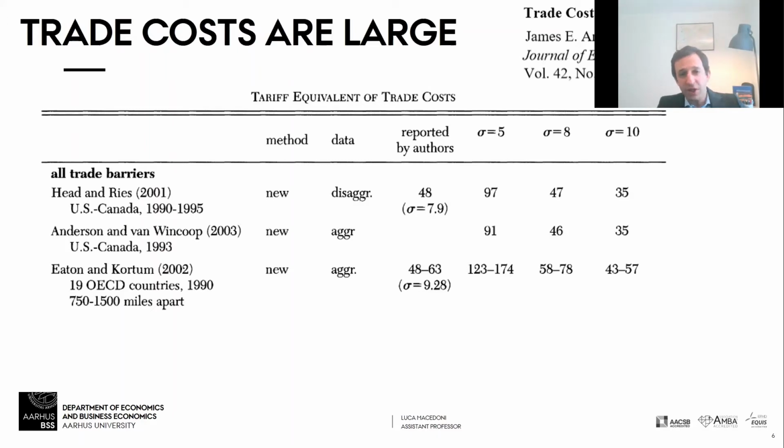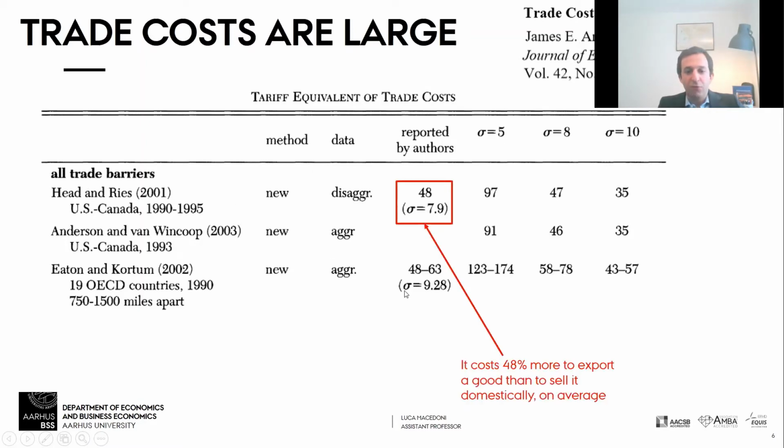Meaning all of those trade costs that we talked about, on average, according to Head and Ries, those are two economists at UBC, University of British Columbia, it costs 48% more to export a good than to sell it domestically on average. So on average, when a Danish company sells a good to Aarhus, it pays a certain cost.